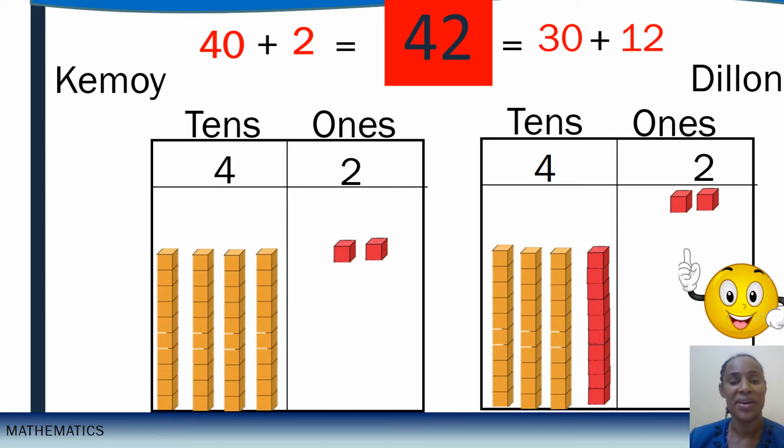Now, boys and girls, if you look at what both boys did, you would see that they represented 42 two different ways, but they got the same value. Boys and girls, a number can be written in any way, but guess what? You have to check to see that what you wrote is correct.